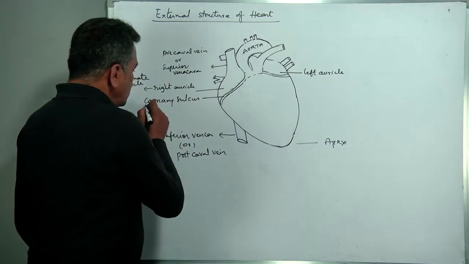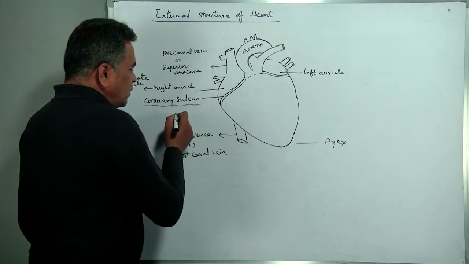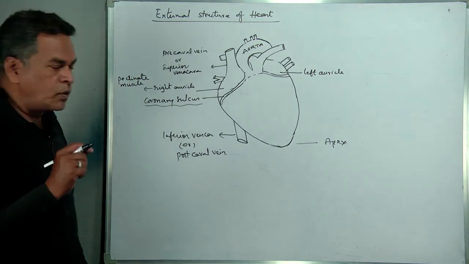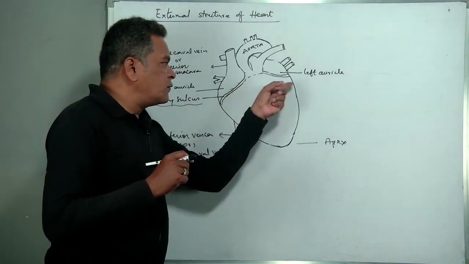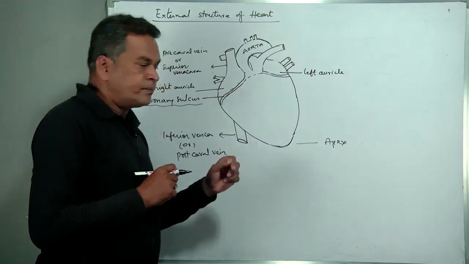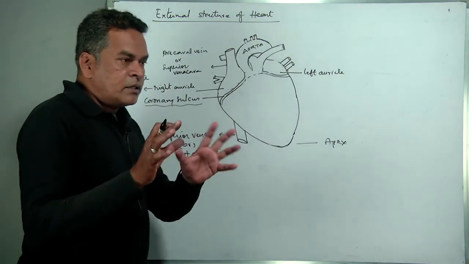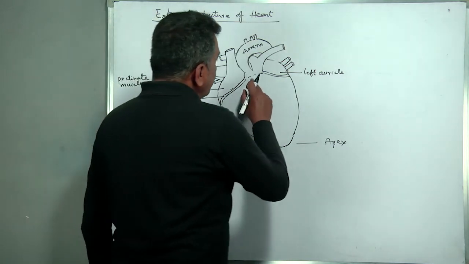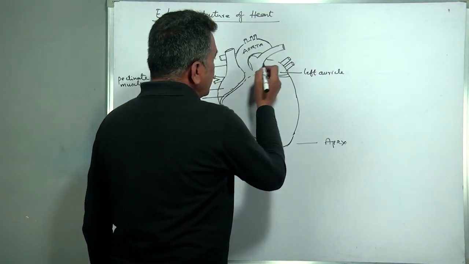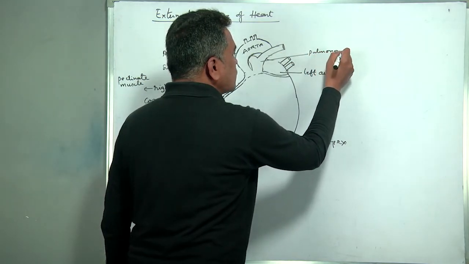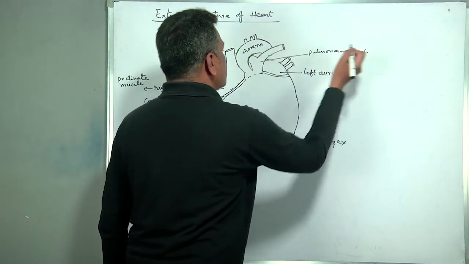Sulcus is singular, sulci is plural. So in these grooves, coronary arteries and coronary veins are lodged. I will take up coronary circulation separately. And this is the aortic arch and this is the pulmonary arch.